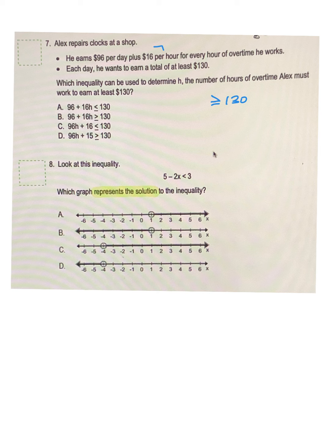And it says $16 per hour, so I know that's the part that changes the total, right? He's going to make the $96 per day regardless of the overtime. He's still going to make the $96 per day. So let's start with the $96. He's making $96 plus $16 per, I think they're using H, aren't they?